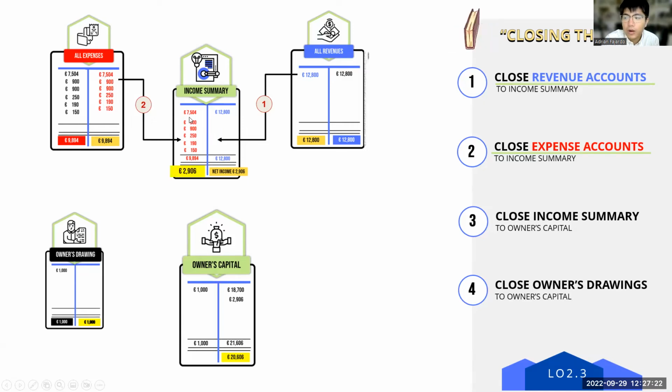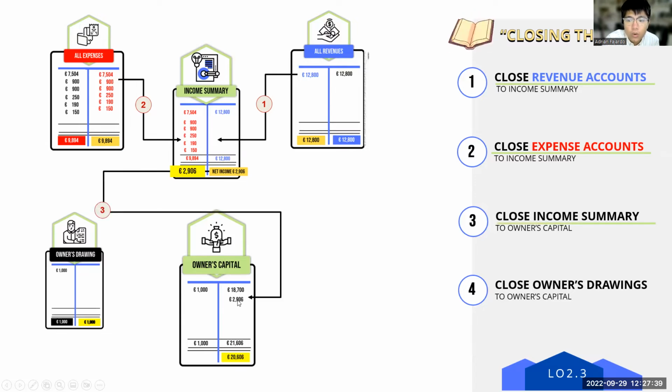The third thing that we wanted to do was that now that we know that there's a credit balance of 2,906, in order to close this out, we need to recognize a debit of 2,906 in our income summary to zero it out, and then transferring that into our owner's capital in the form of a credit of 2,906.